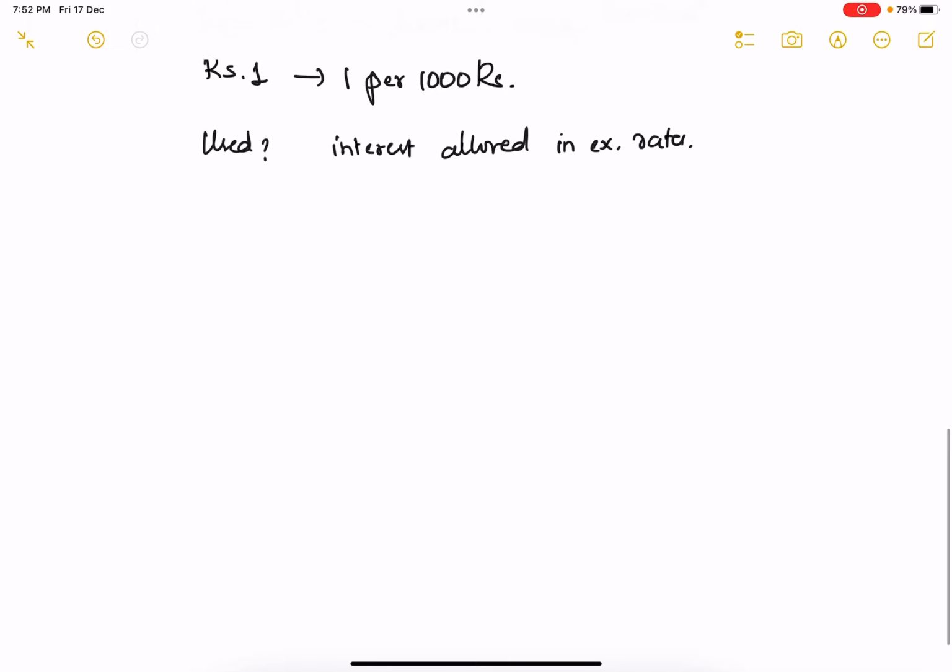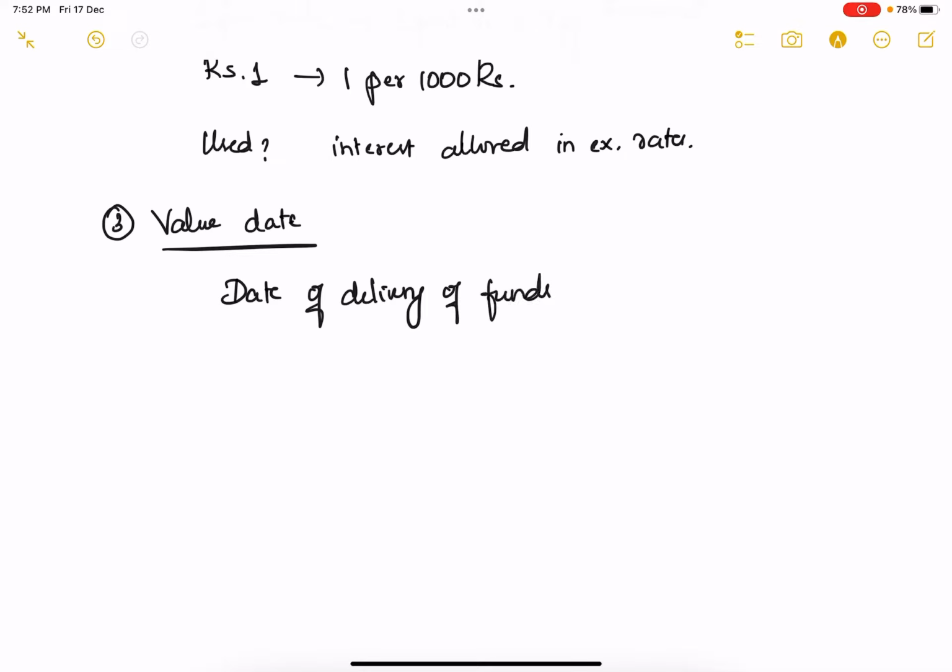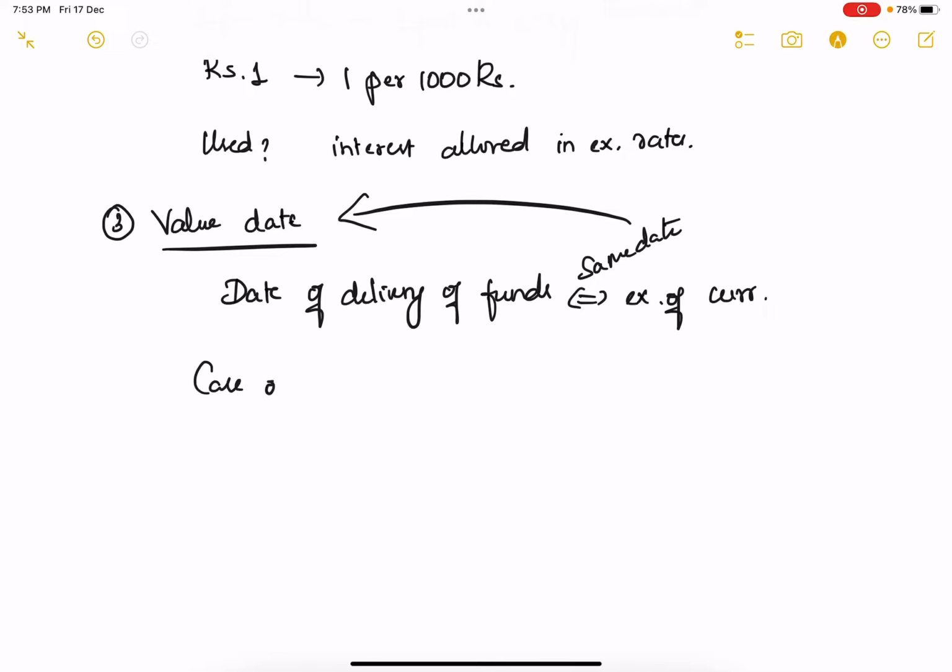So next we move on to the third important term, which is value date. We have already discussed what a value date is in our previous video. So value date is nothing but the date of delivery of funds and exchange of currency happening on the same date. That is known as value date. Let me give you an example. In case of payments on TT, which is telegraphic transfer, the value dates are the same at both the centers.